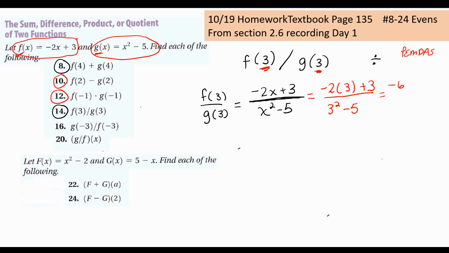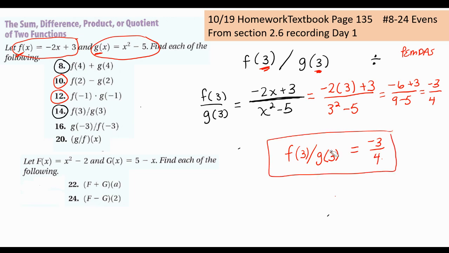That's negative 6. 2 times 3 is negative 6 plus 3 over 3 squared is 9 minus 5. That would be a negative 3 over a 4. So f of 3 divided by g of 3 is equal to negative 3/4.